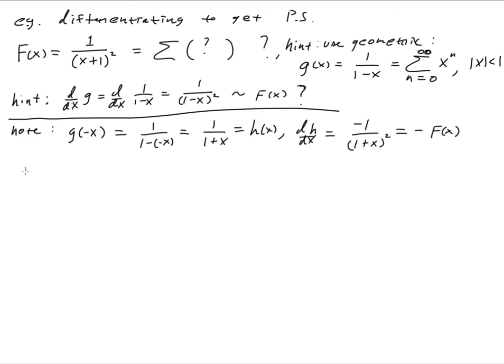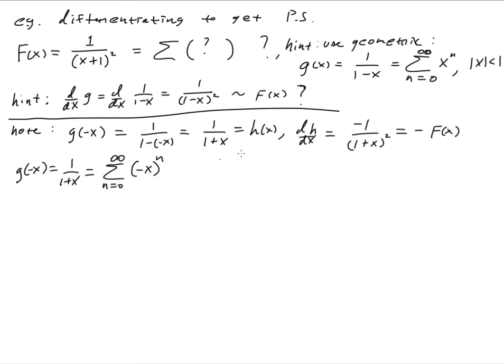All right. So I'm going to start with that. g of negative x is equal to 1 over 1 plus x, which is going to be equal to the sum of n starting from 0, going up forever. And now I'm going to put negative x inside of there to the n power.